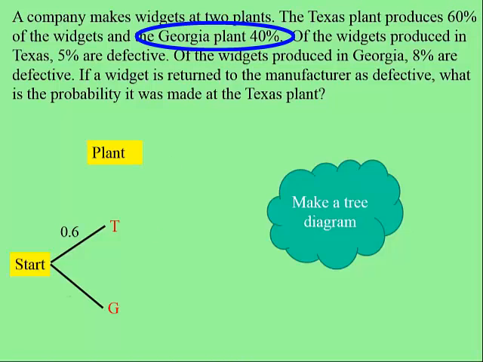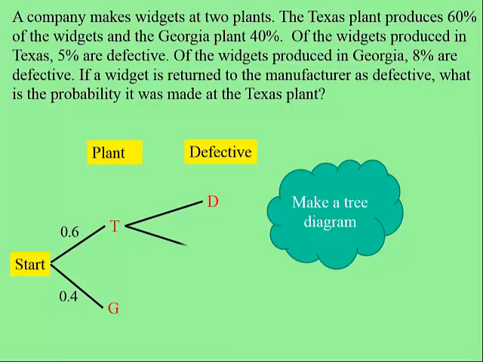So we'll label the branches. T is 60 and G is 40%. That means in decimals. And then it's either defective or it's not. The ones in Texas are defective or not. Likewise, the ones in Georgia. Some are defective, some are not.